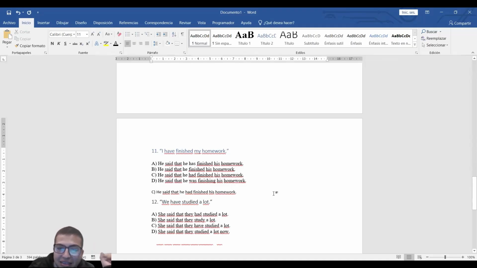He said that he had finished his homework. Andy, why is it letter C? Because the present perfect changes in reported speech to past perfect. Okay, that's correct. In reported speech, the present perfect auxiliary have or has becomes had.